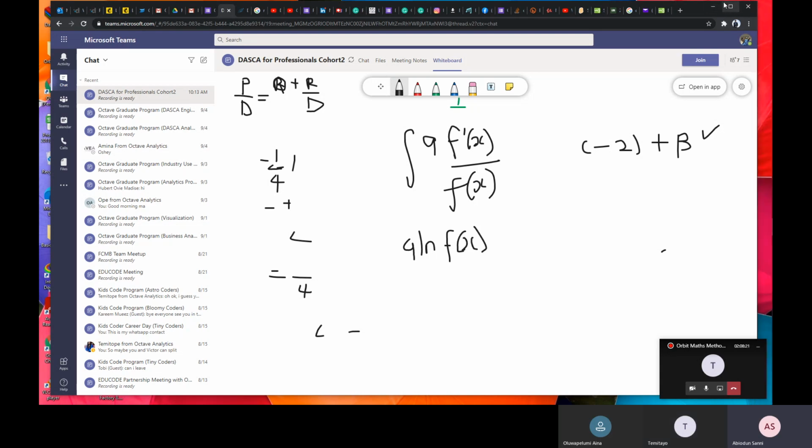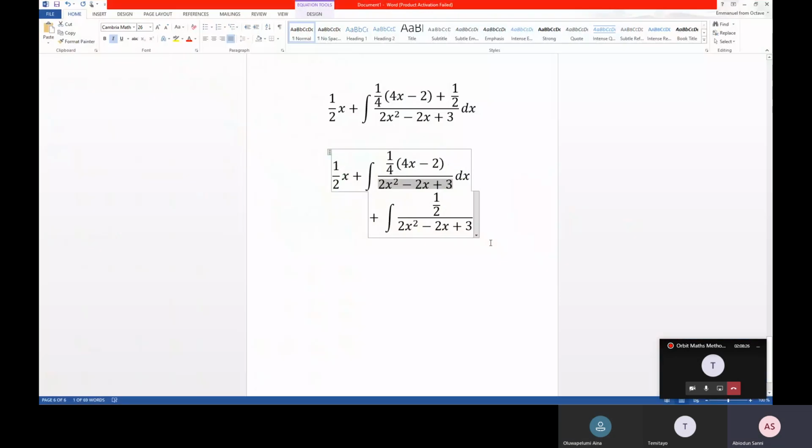Are you following? Yes, I am. So since 1/4 is a constant, 1/4 is going to come out. And if I differentiate this guy, I will get this guy. So the integral of this will now be 1/4 ln of the denominator.